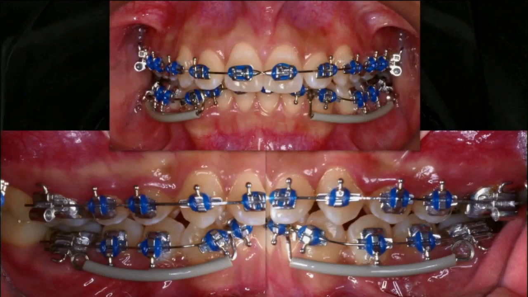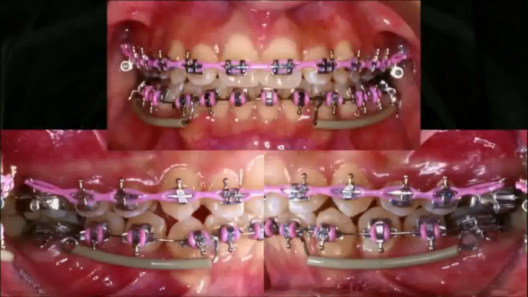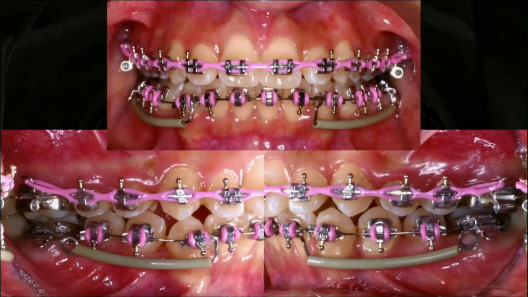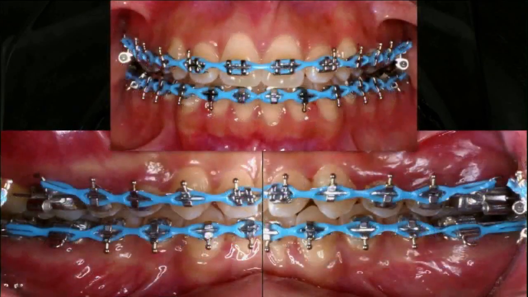So this is her. And 2 months after, we planified the lower curve of Spee, and we didn't even give time for the rotations to be corrected on the canines. So the leveling occurred even faster than planned. So of course we think that's a good idea.